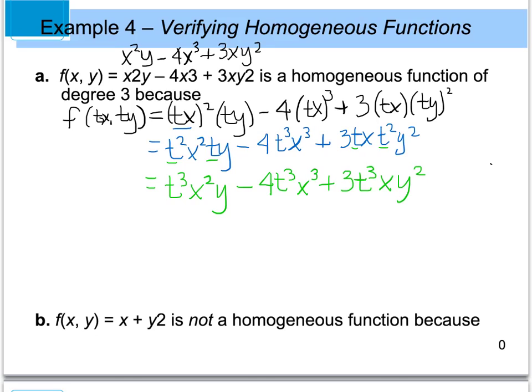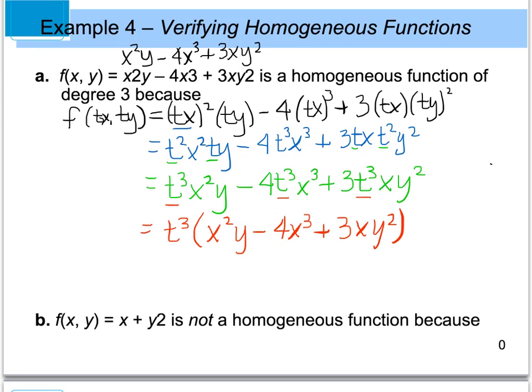Now when I look at this, I notice that every term has a t cubed. So I'm going to factor out that t cubed, and I see that what's left is x squared y minus 4x cubed plus 3xy squared.